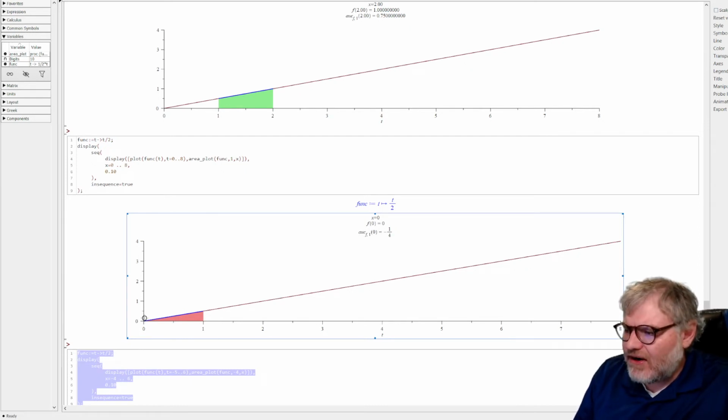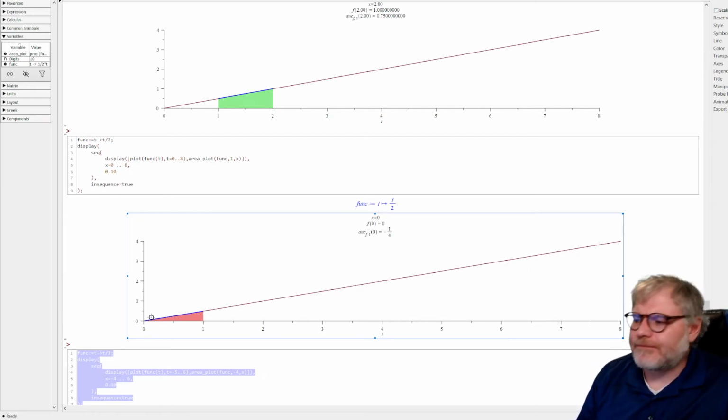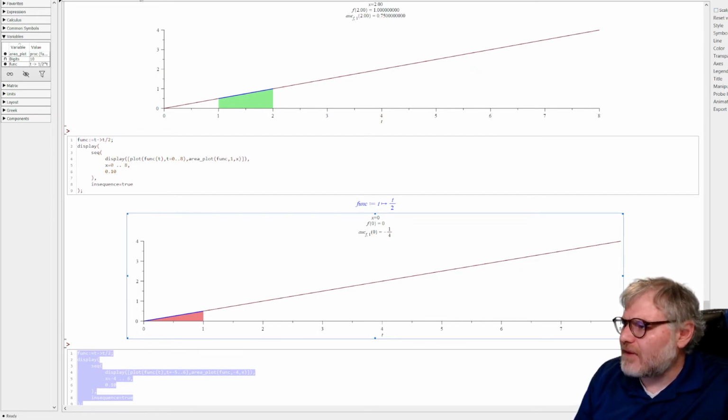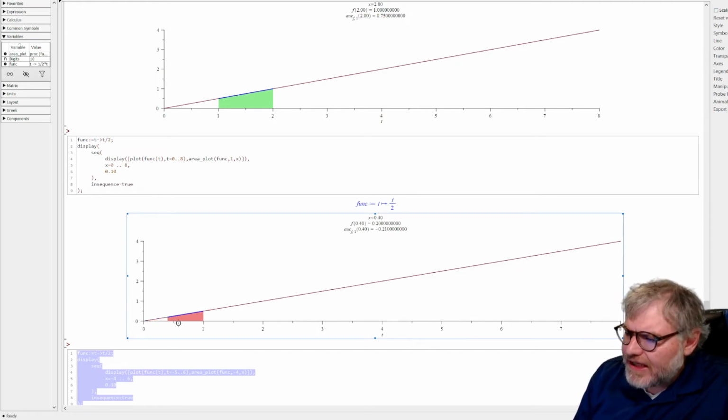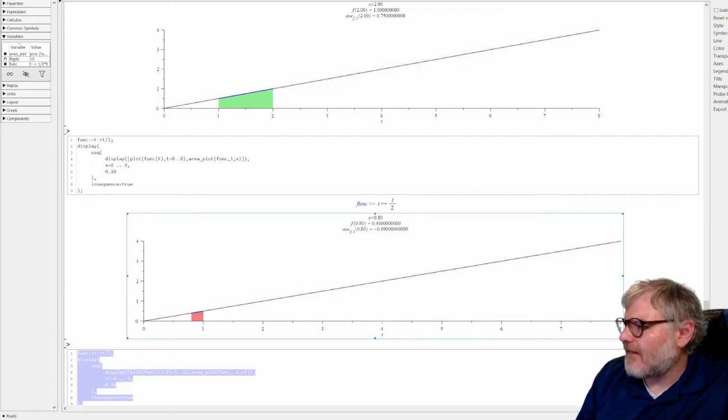I've got negative area because I'm left of the base point, right? 0 is left of 1. But then as I hit play, what's going to happen? I start eating up that negative area as I move back toward the base point. And then, of course, I'm positive again, and I'm gaining positive area.